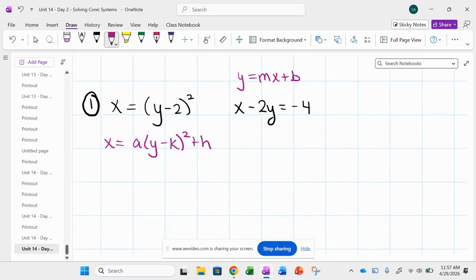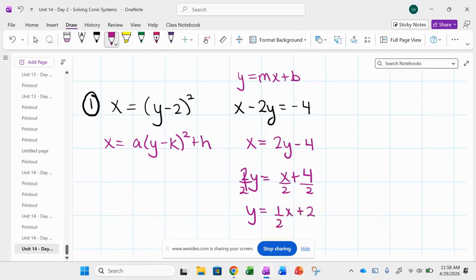So the first thing I'm going to do is add over the y to make it positive. So I'll have x is equal to a positive 2y minus 4. Then I'll add the 4 over. So we'll have 2y is equal to x plus 4. And then I'll divide every term by 2. And we'll have y is equal to a half x plus 2.